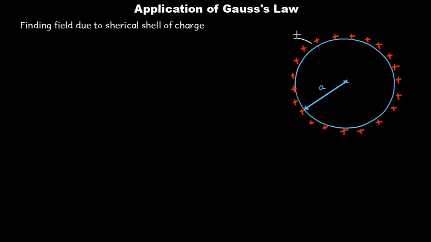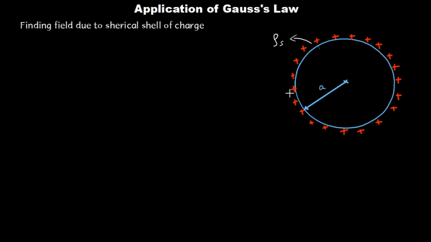So surface charge density is rho s. Now I need to find E vector, that is electric field intensity at some point P, which is located at some distance from the center of this sphere.